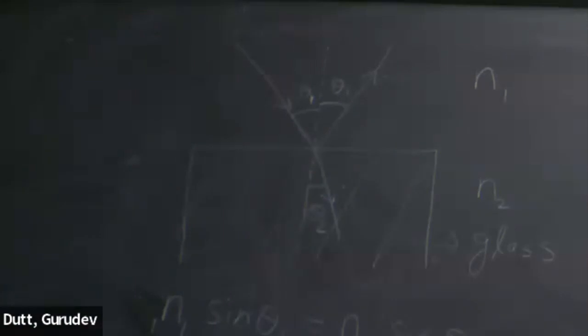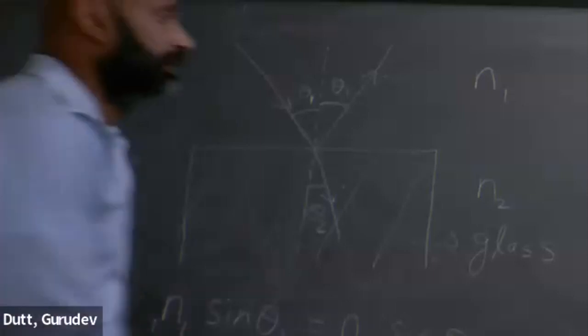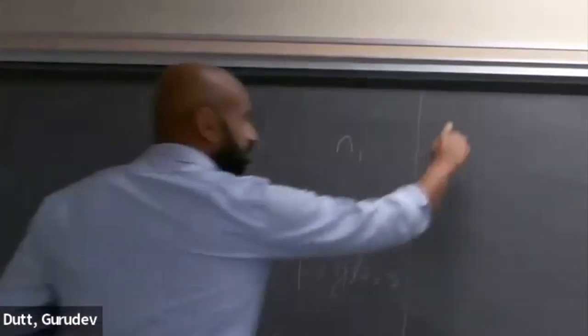And we know from Snell's law that N1 sine θ1 equals N2 sine θ2. Now I'll make a few observations, which may already be fairly obvious, but are worth going over in detail. First, let's say N1 is less than N2.